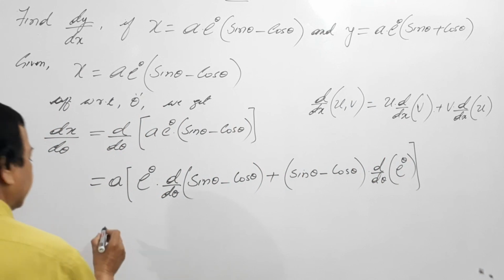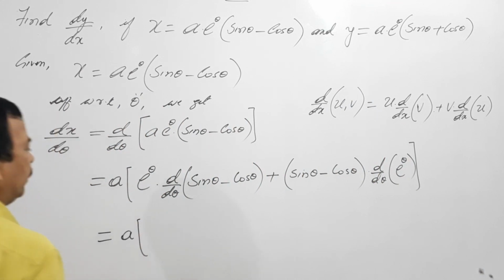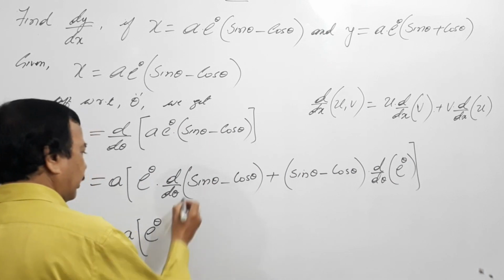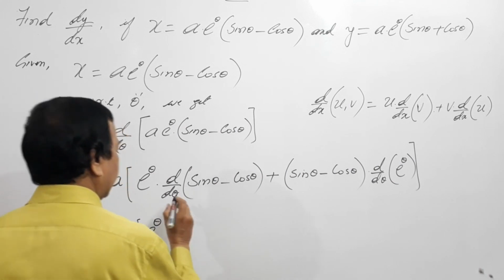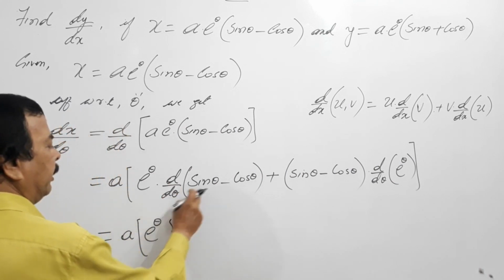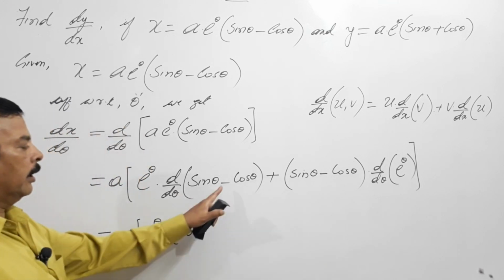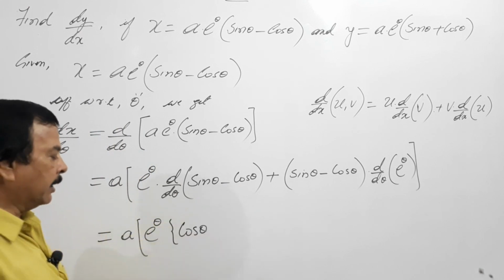So let's differentiate this. This equals a into e to the power of theta. Now if you differentiate this, d by d theta of sin theta will be cos theta, and differentiation of cos theta is nothing but the difference rule. So d by d theta of cos theta is minus sin theta.